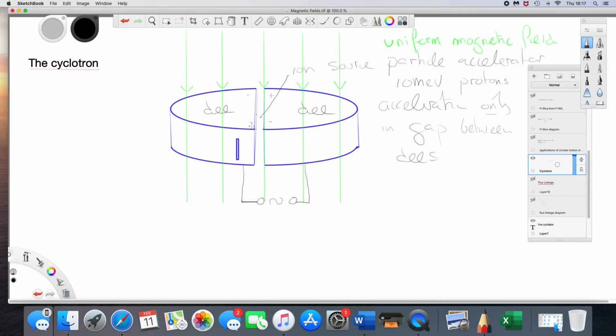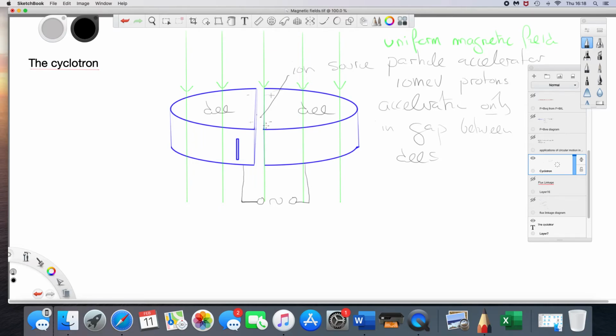So the acceleration takes place in the gap here, and of course that means that the frequency of the supply has to be right for that to happen, and we're going to come up with an expression for that frequency. And you'll see why there is a limit to the energy that can be supplied to the protons in a little bit.